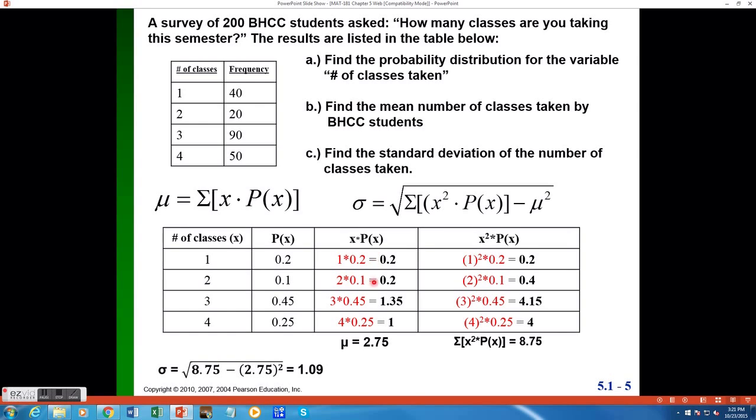When I calculate all these values for x times p of x, that is when I want to take the sum. So adding up this third column here gives me a value of 2.75, which would be the mean of the probability distribution.